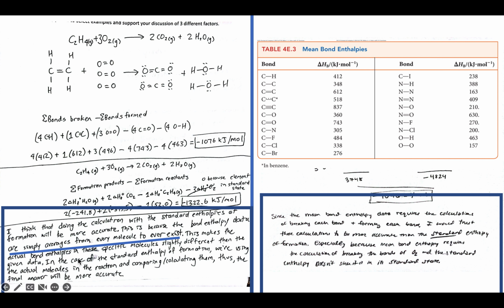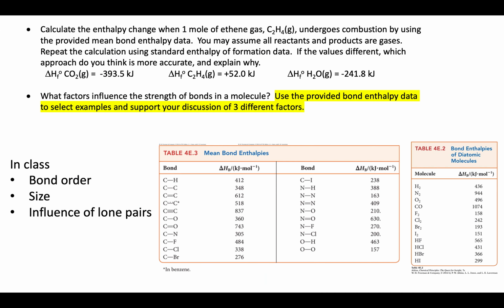I wouldn't go as far as to say they're simply averages from every molecule to ever exist. I would say they are representative of different molecules that have carbon-hydrogen bonds, carbon-carbon bonds. And so the standard enthalpy of formation is talking about these specific molecules, whereas the bond enthalpy values are taking the parts, and there'll be more variability because it's looking at them in a general way.